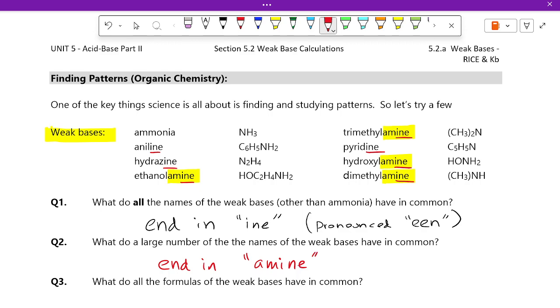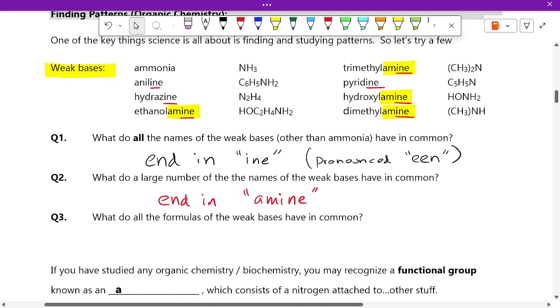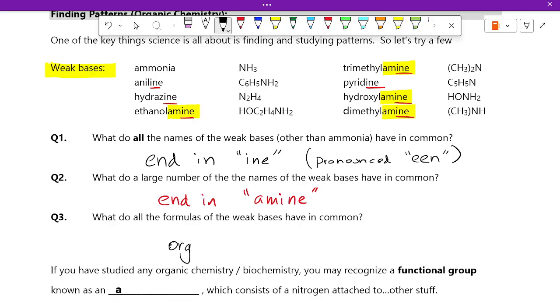What do the formulas of all the weak bases have in common? They have nitrogen. They are organic compounds that contain nitrogen. Do you remember the term functional group?